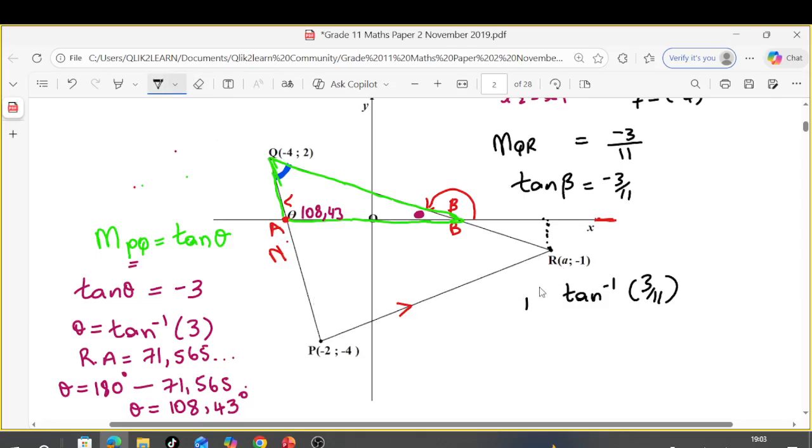So RA is equal to that. Therefore, what is RA equal to? My RA will be shift tan of 3 over 11, close the bracket, equals.